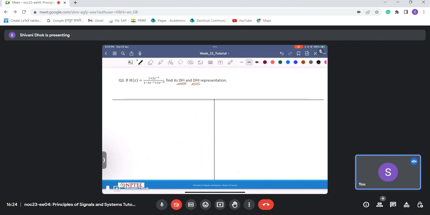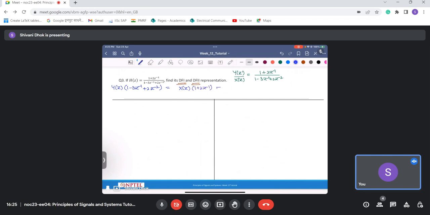Here we have been given Y(z) upon X(z) equal to (1 plus 2z inverse) upon (1 minus 3z inverse plus 2z to the power minus 2). So I can write Y(z) multiplied by (1 minus 3z inverse plus 2z to the power minus 2) equal to X(z) into (1 plus 2z inverse).